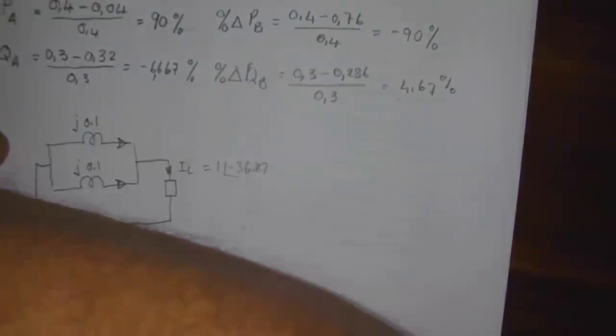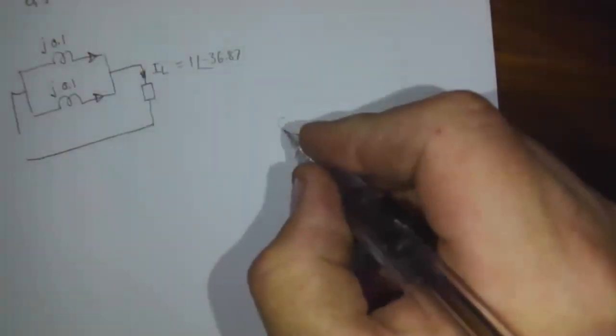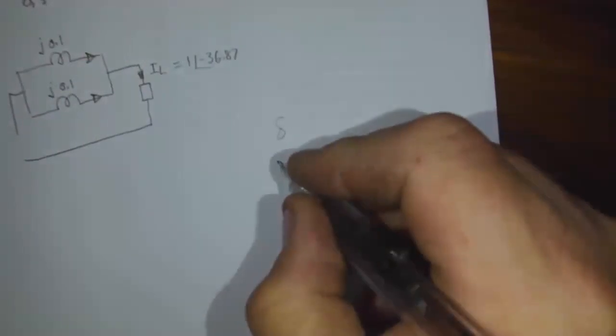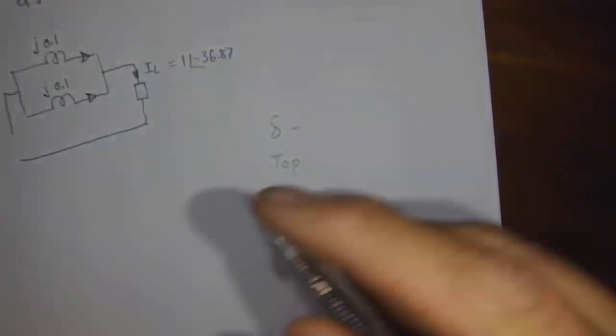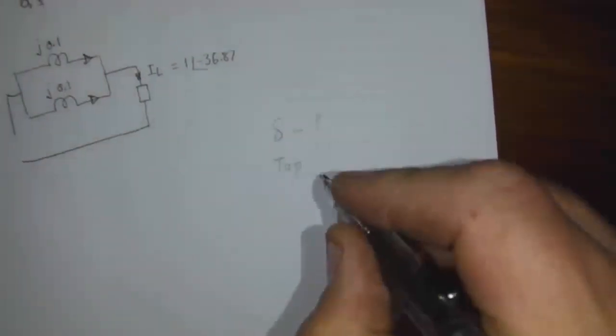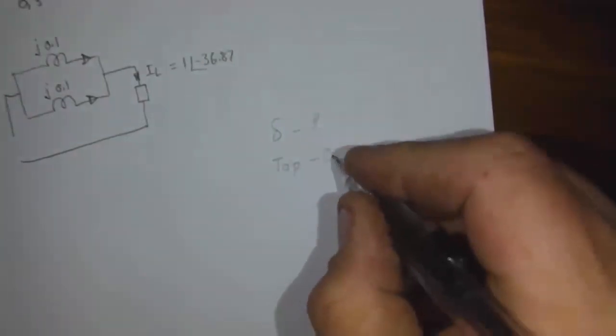Now, as you will see later on, we have got a phase shift and a tap change. Now, a phase shift changes P, and a tap change changes Q mostly.